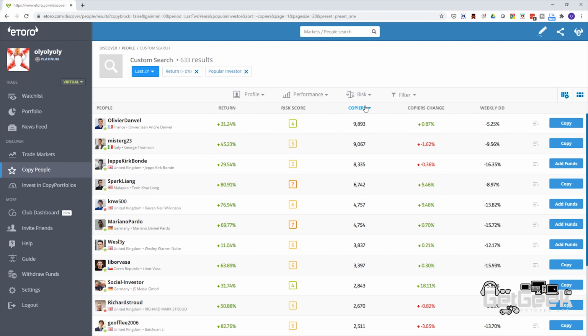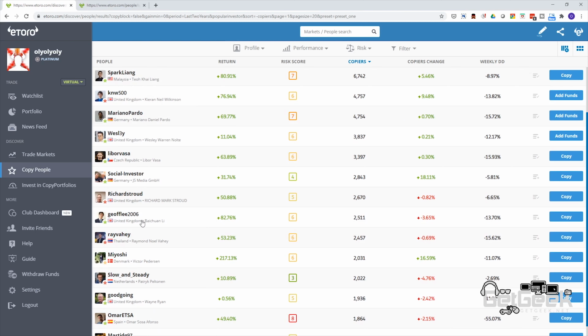So then what I'll normally do is order this list by the most copiers, and then I'll start scrolling down and have a look who's got a high return over the past 2 years. Say for example here we've got this Spark Liang guy, he's got 80.91%, he'd potentially be worth a check, so I'd probably open him in a new tab to come back and look at it later.